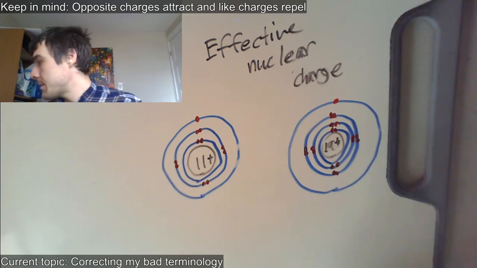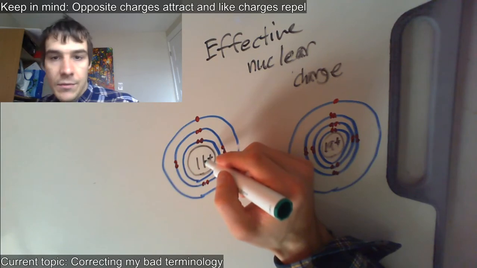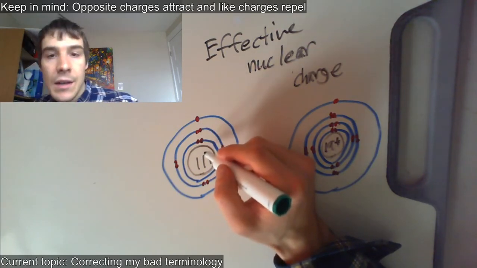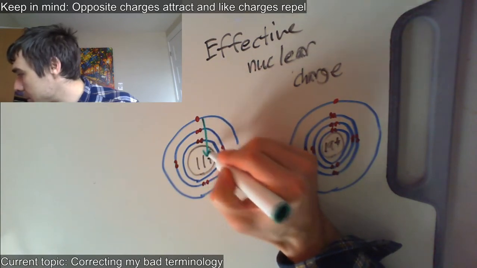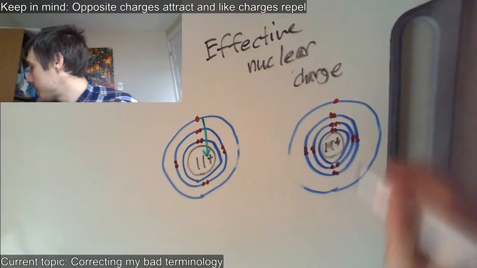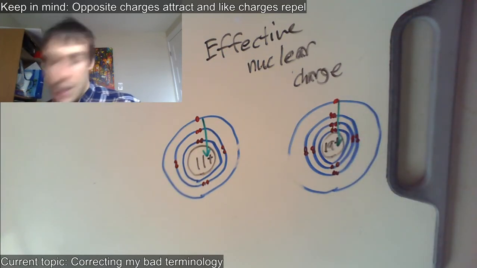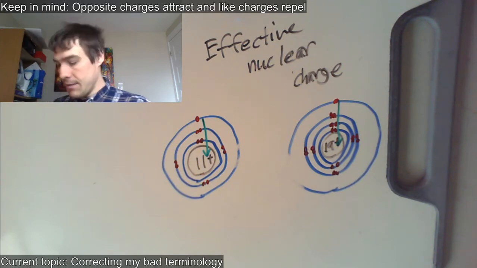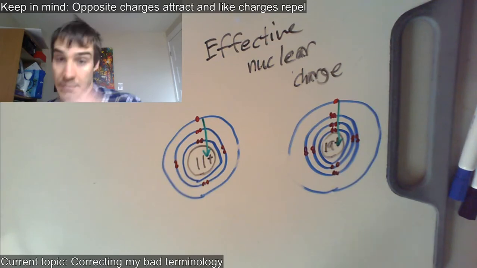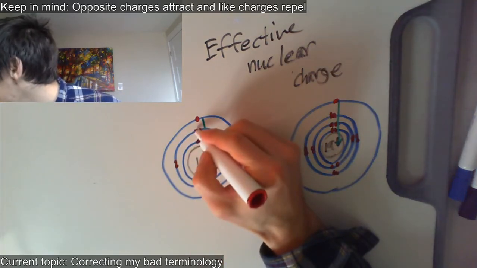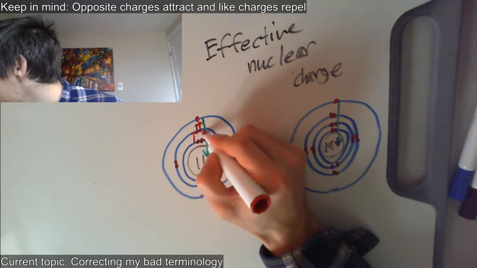So as mentioned before, there's an attractive force towards the nucleus here, because the positives are going to attract the negative electrons. There's an attractive force there, and there's also an attractive force here. But what I was missing when I was talking about effective nuclear charge was that there's also a repulsive force. There's a bunch of repulsive forces. This shell is going to repel, and that shell is going to repel.